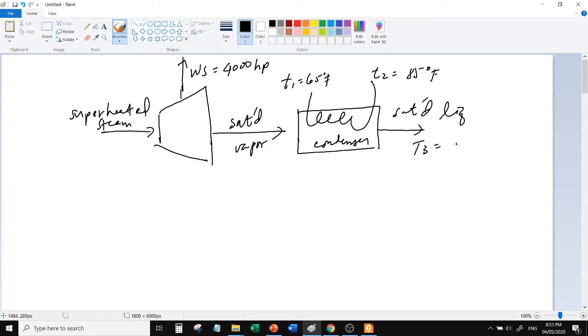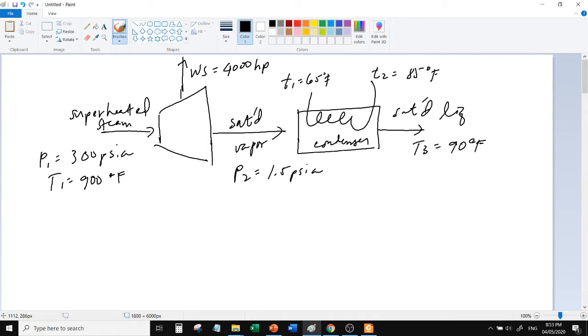T3, 90 degrees Fahrenheit. So, by the way, sa superheated, ang pressure niya ay 300 psia. Temperature niya ay 900 degrees Fahrenheit. Sa T2, 1.5 psia. So, yun yung given.